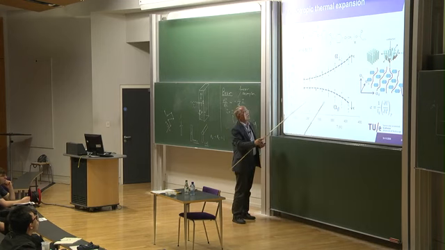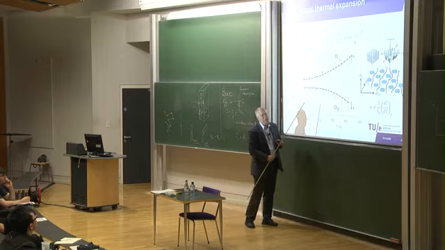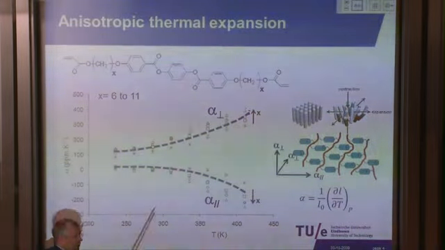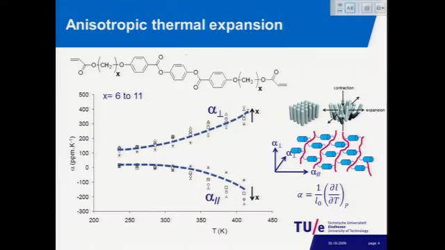And then as soon as you pass the glass transition, it becomes even worse. So the disorder becomes larger. And you can even find negative thermal expansion coefficients in these materials. Actually, similar to what has been shown by Mark Warner this morning, and that is the contraction as soon as you start heating. And of course, simultaneously, the thermal expansion perpendicular should be larger.